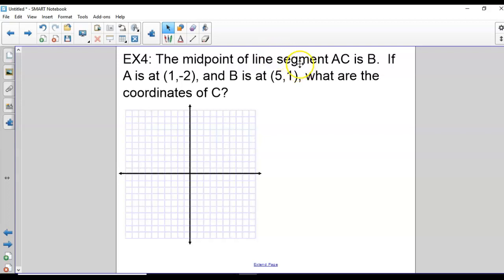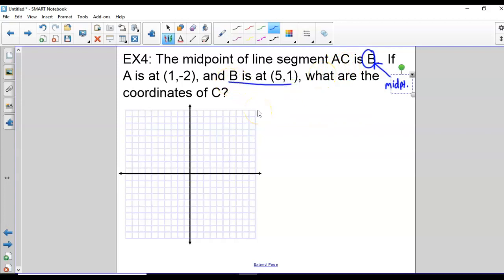The midpoint of line segment AC is B. So B, right here, this is our midpoint. A and C are the endpoints. We already know what B is. So we're not finding the midpoint here. They're giving us the midpoint.